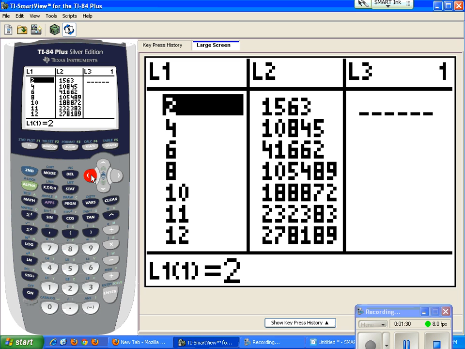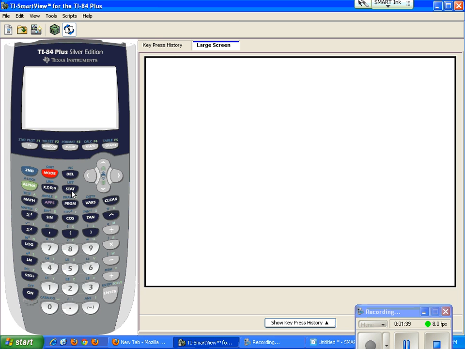Now that you have the list entered in L1 and L2, we're going back to our home screen, and we want to calculate some stuff. It didn't ask us to do linear, but I'm going to go ahead and do linear anyway, quadratic, cubic, and quartic.